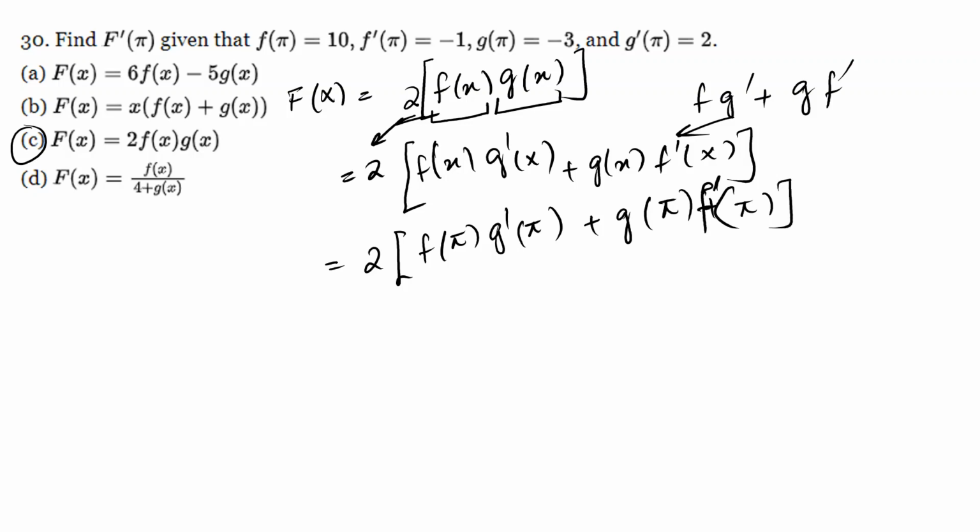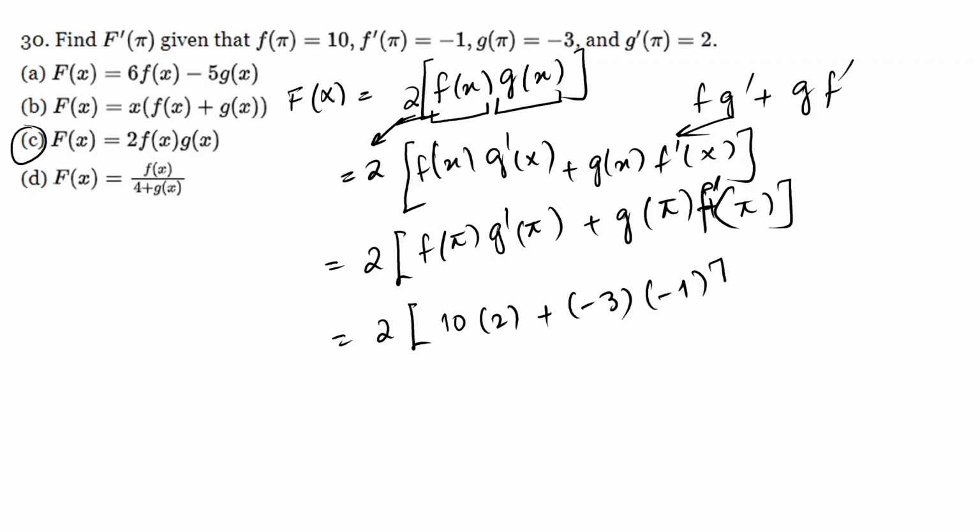Okay, so 2 here. What is f of pi? So f of pi is 10. g prime of pi is 2 plus g of pi is -3 and f prime of pi is -1.